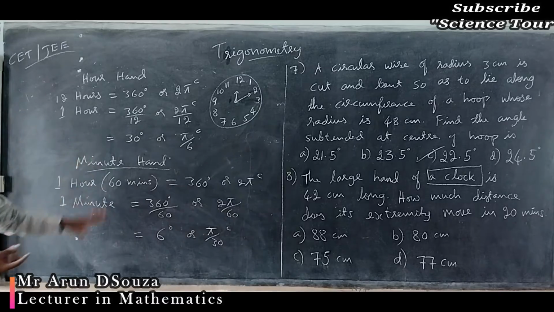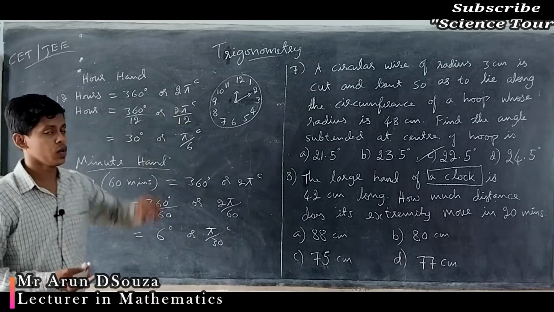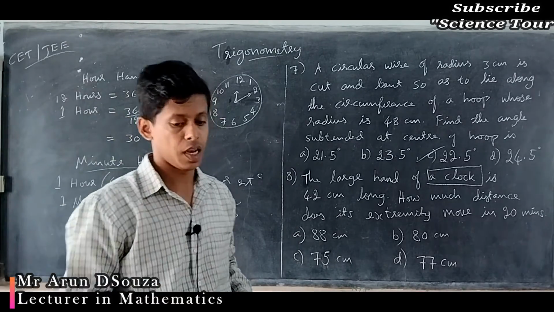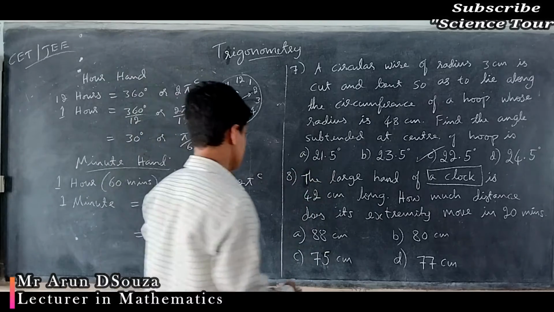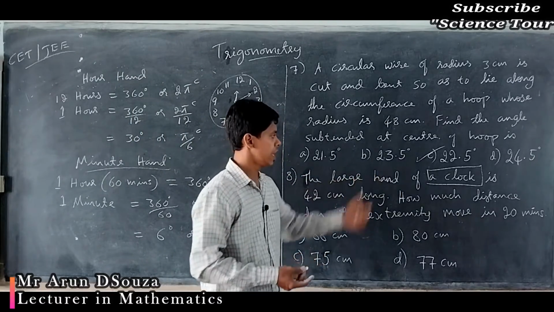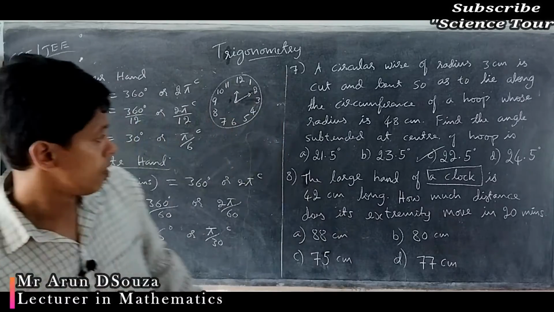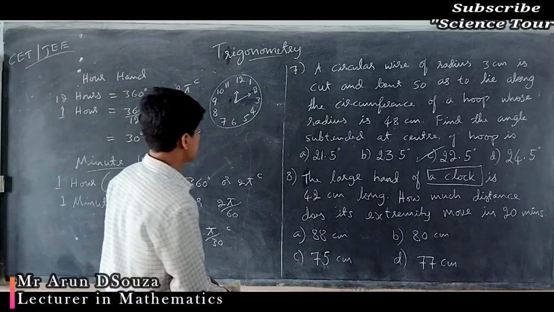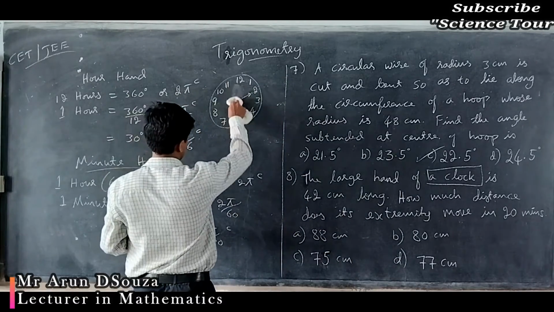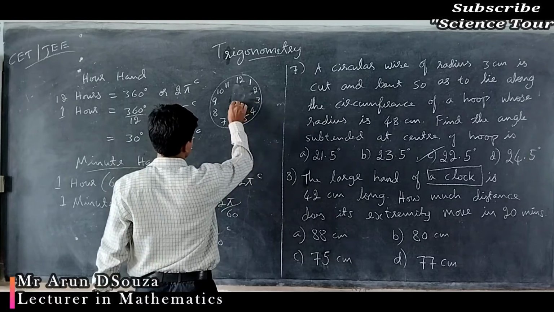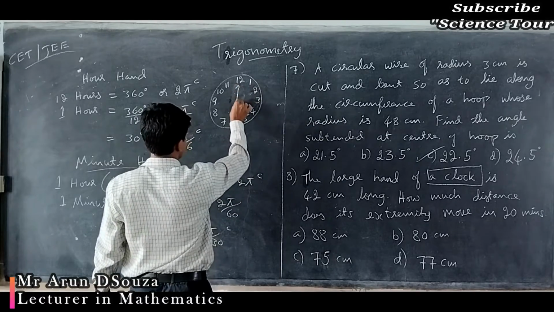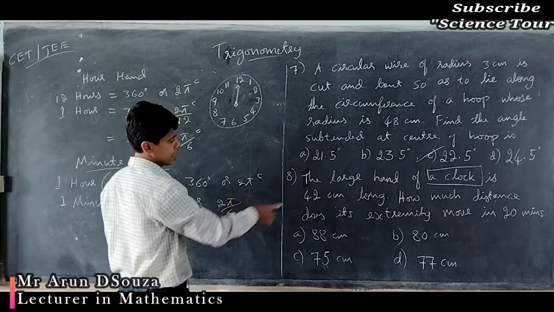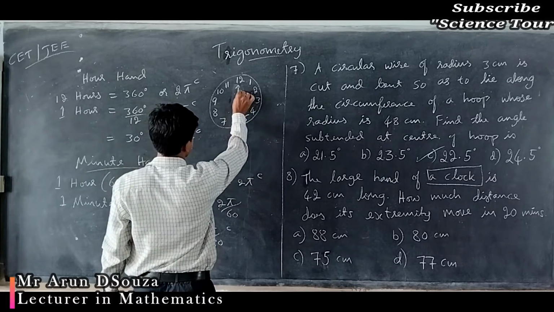So this is the calculation you should keep in mind if a question is based on a clock. Now look at the question number 8. The large hand of a clock is 42 centimeter long. Now we are talking about only the larger hand, and that is 42 centimeter long.